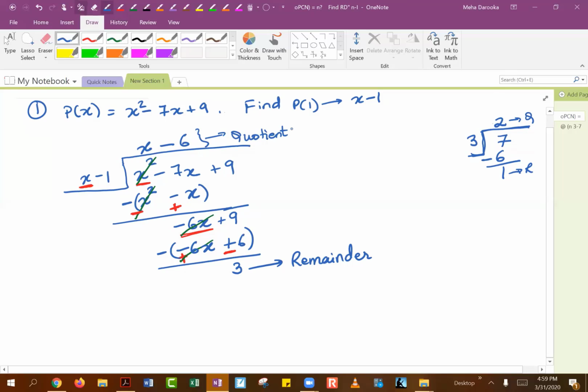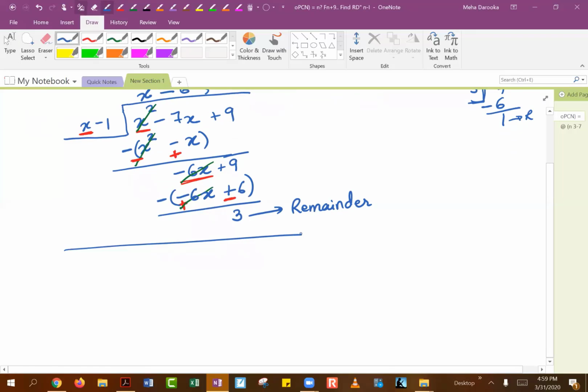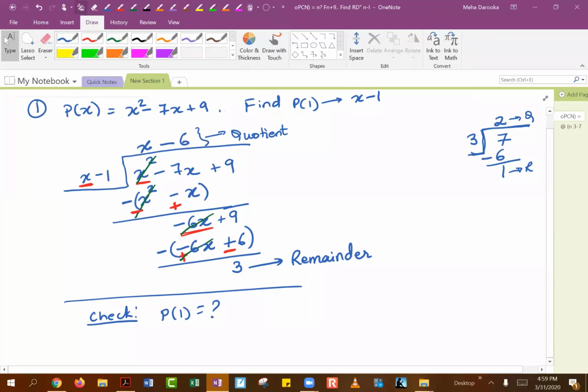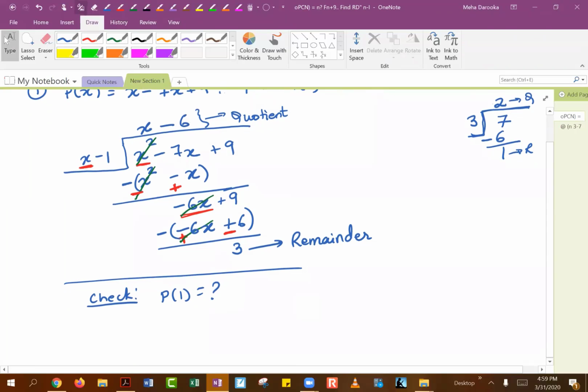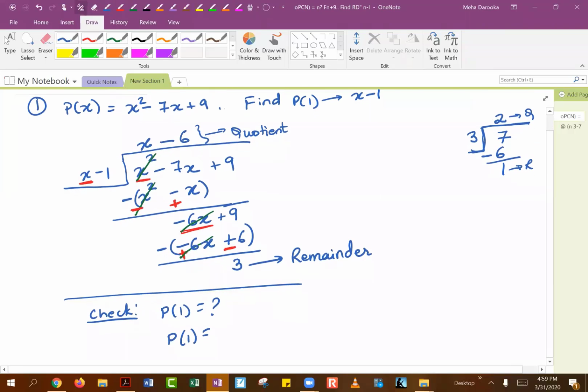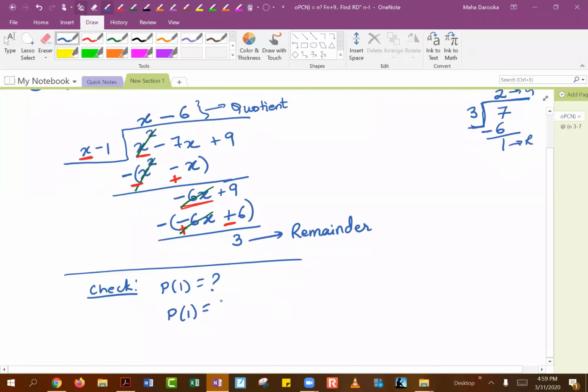Okay, now if we want to verify that the answer we came up with is correct, we can do a little check where we're actually going to find out what P of 1 gives us if we substitute this into our original polynomial function. So let's find out what P of 1 is. Our expression is x squared minus 7x plus 9.